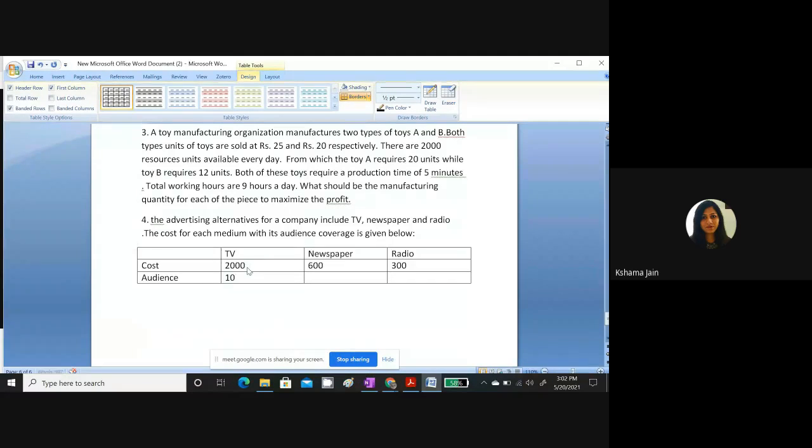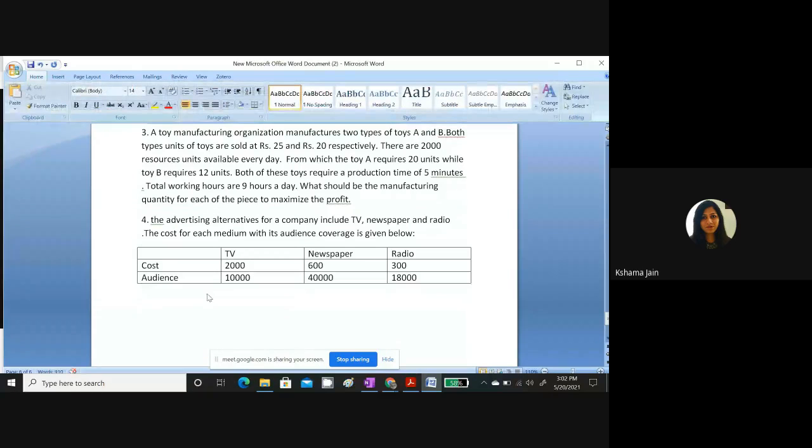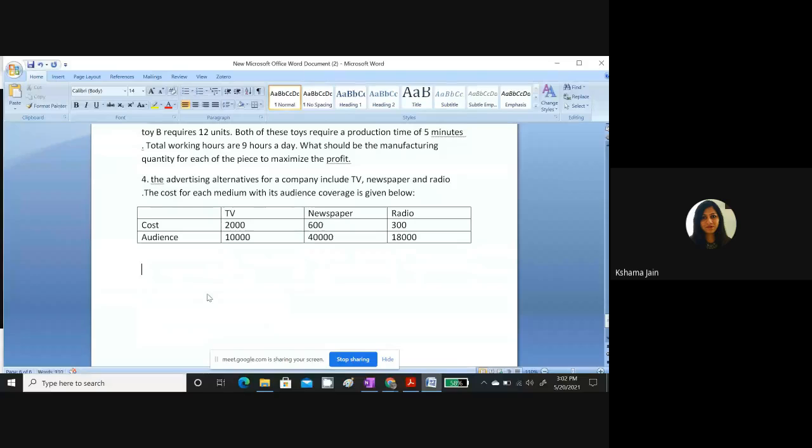Audience: television has 10,000, newspaper 40,000, since we know people read more, and radio 18,000. So this is the data given. The different media they are using for advertising are TV, newspaper, and radio. So cost and audience both are given.